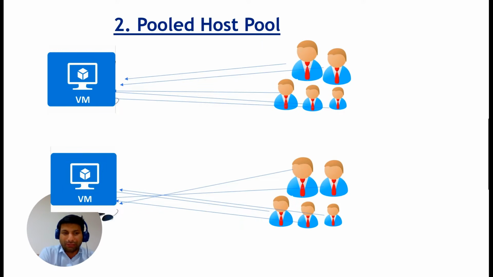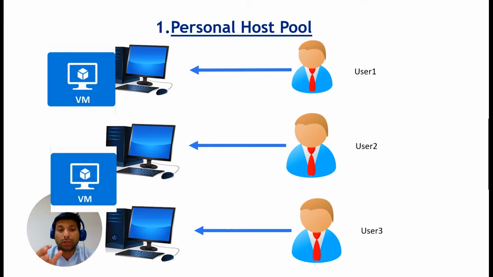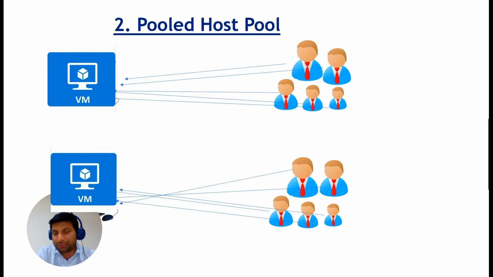So generally speaking, for an average workload, it is more economical to spread many users across a smaller number of high-powered virtual machines in a pooled host pool than it is to host one-to-one users to virtual machines in a personal host pool. So pooled host pool is a bit more economical when we compare to the other one, which is personal host pool.